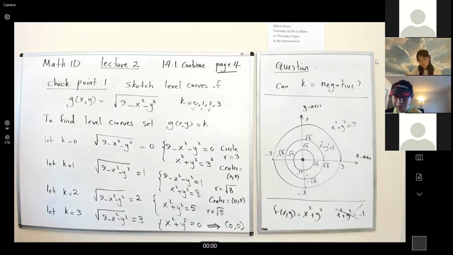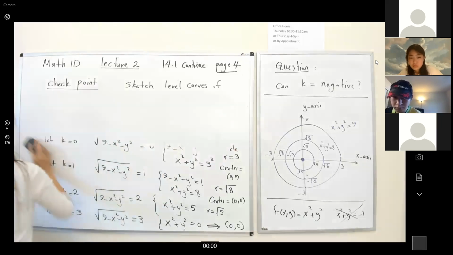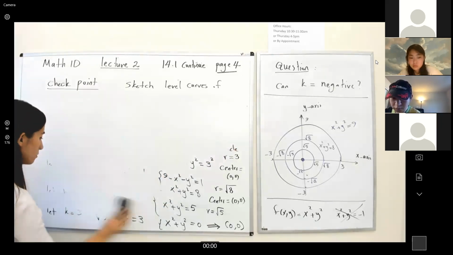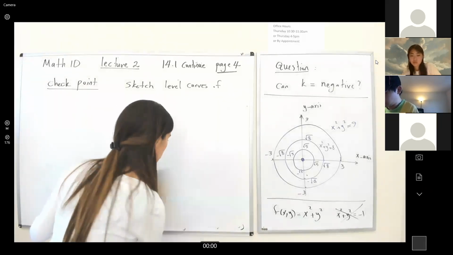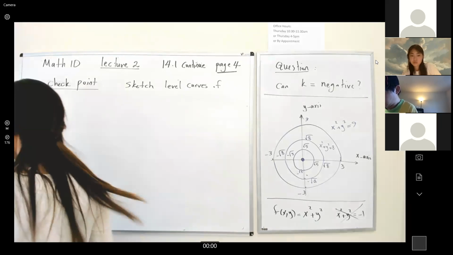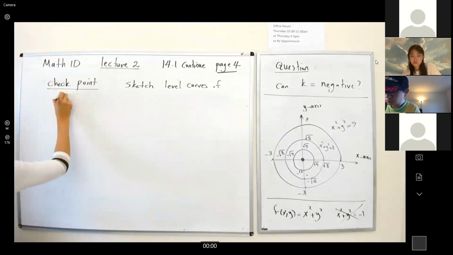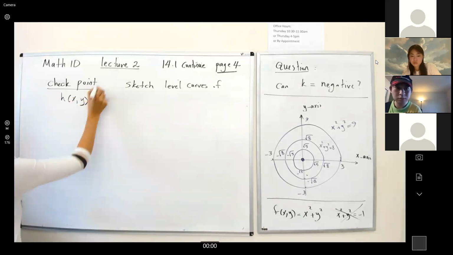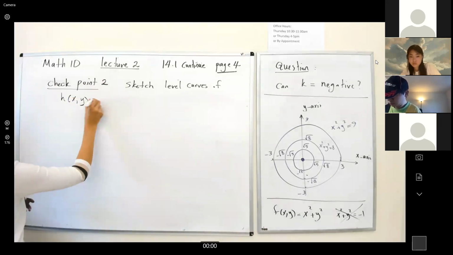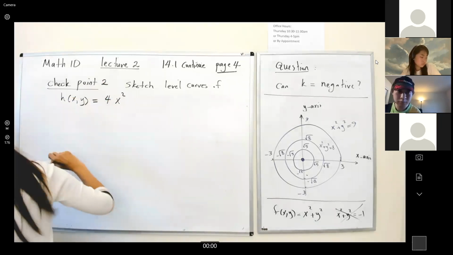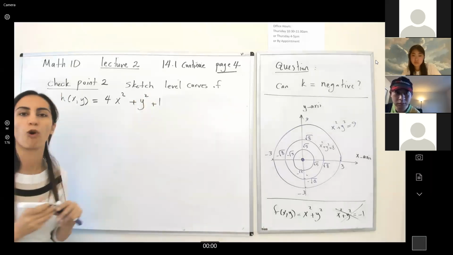Okay, second checkpoint. Let's sketch the level curves of the following function. h of x and y equals 4x squared plus y squared plus 1.